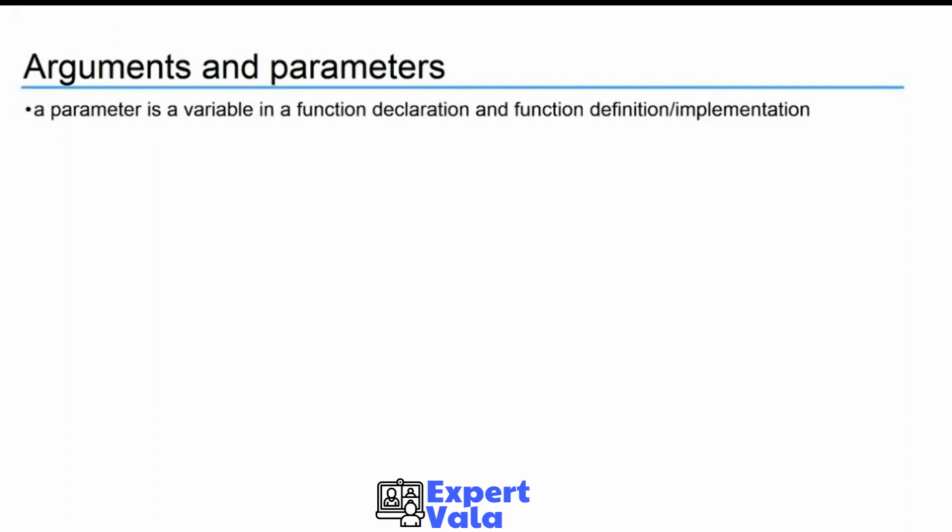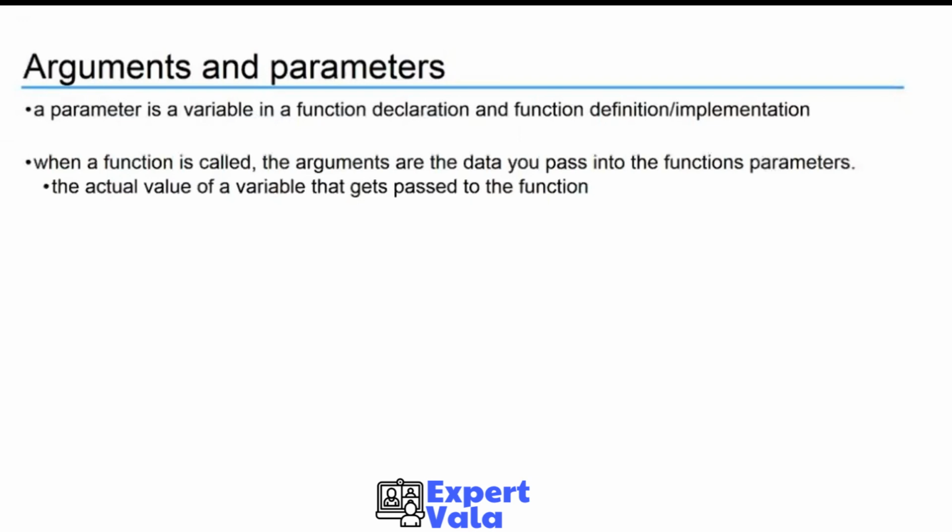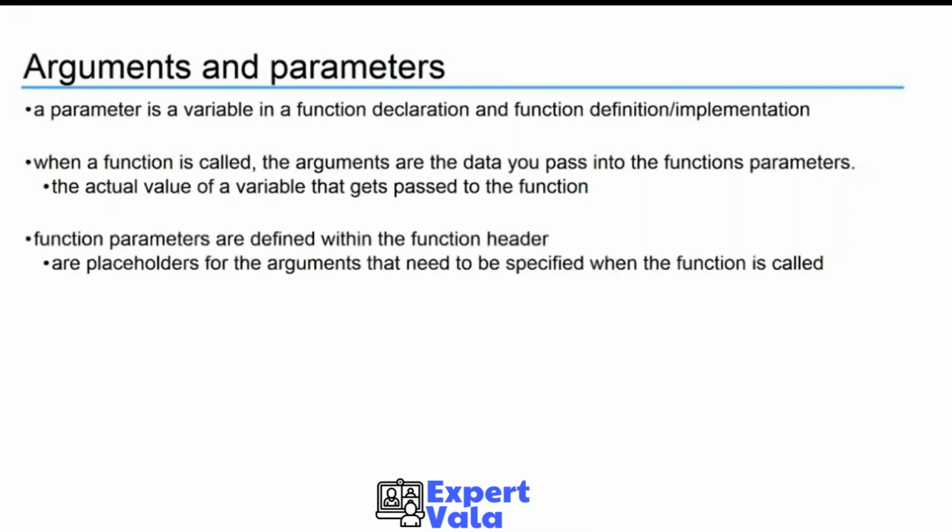When a function is called, the arguments are the data you pass to the function parameters. Those are the actual values of variables that get passed to the function. So function parameters are defined within the function header, and they are placeholders for the arguments that need to be specified when the function is invoked.